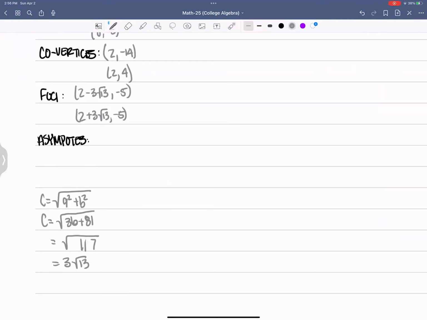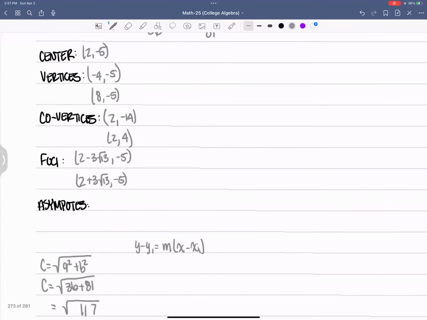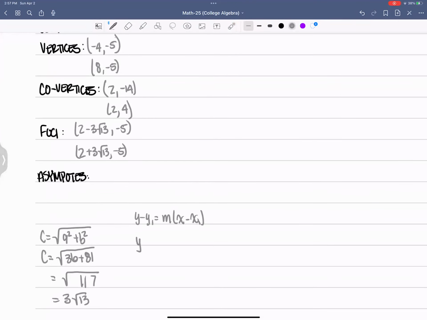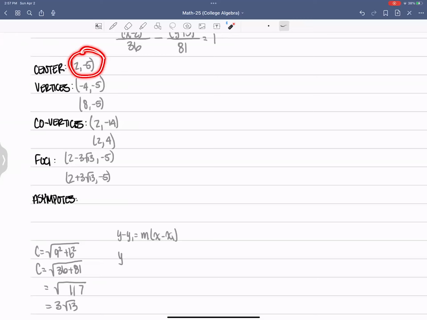So looking at y minus y1 is equal to m times x minus x1. We're using the center as our point. So y minus y1, so y plus 5 is equal to m.